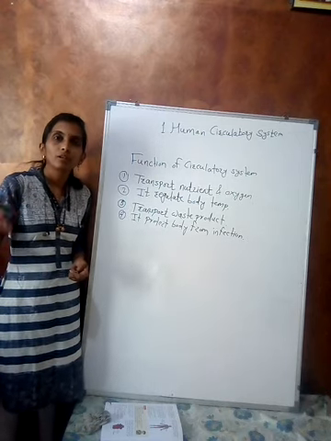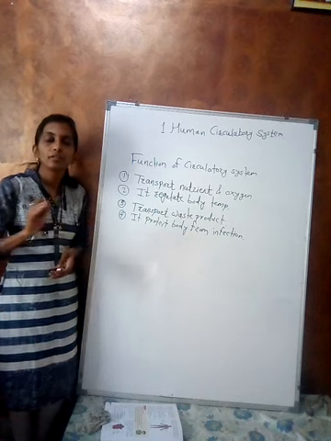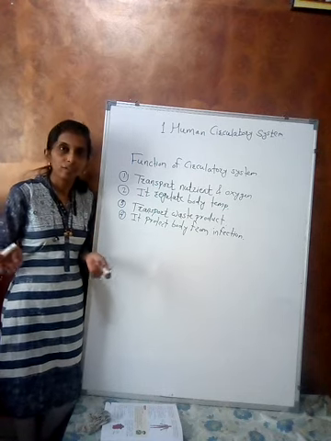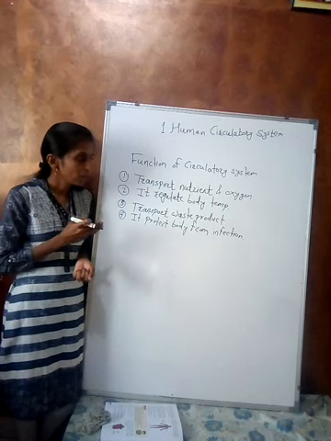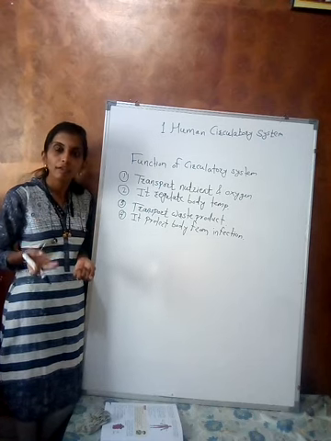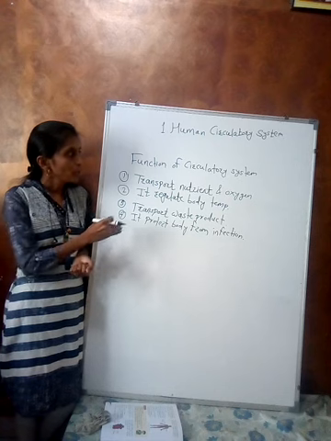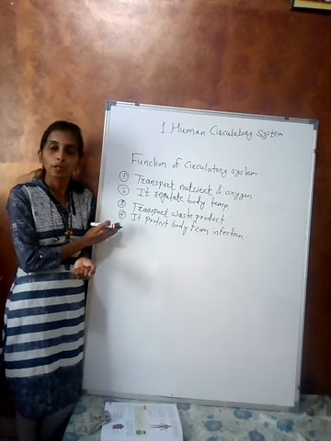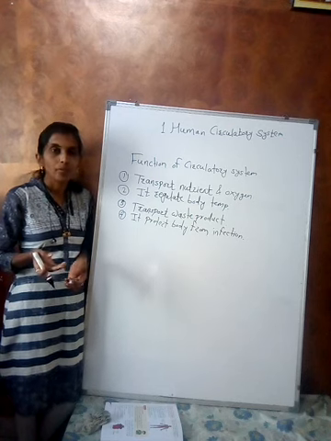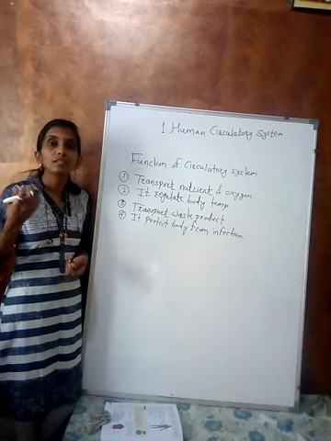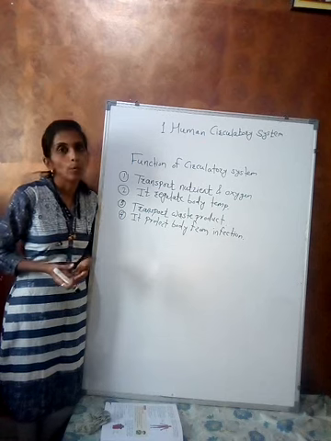In our environment there are different types of viruses and bacteria that may cause infection to our bodies. So the circulatory system protects our body from infection and germs, because it increases the immunity of our body.